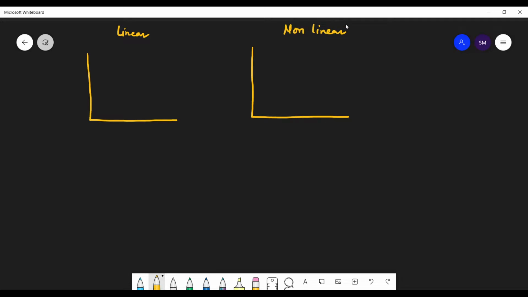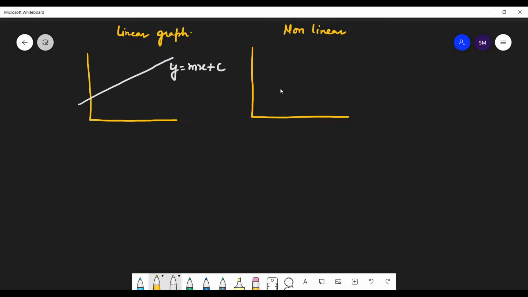So, linear graph means we have a straight line, and the equation of this line is y equals to mx plus c.